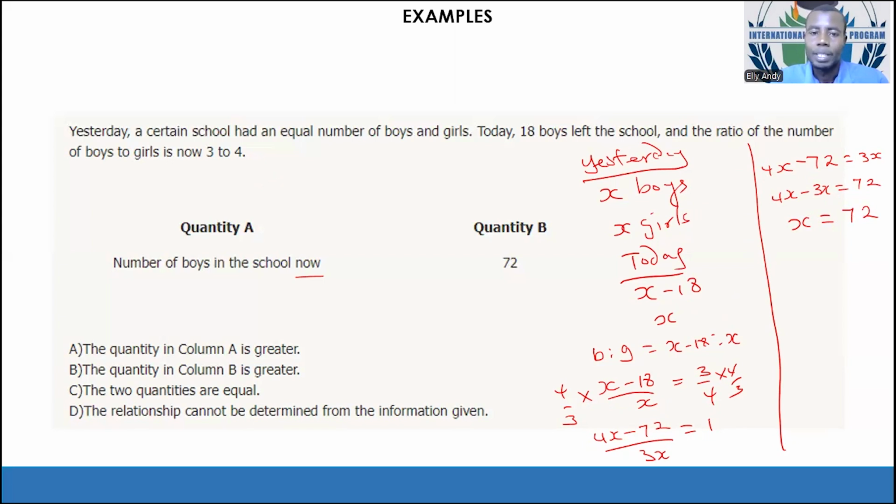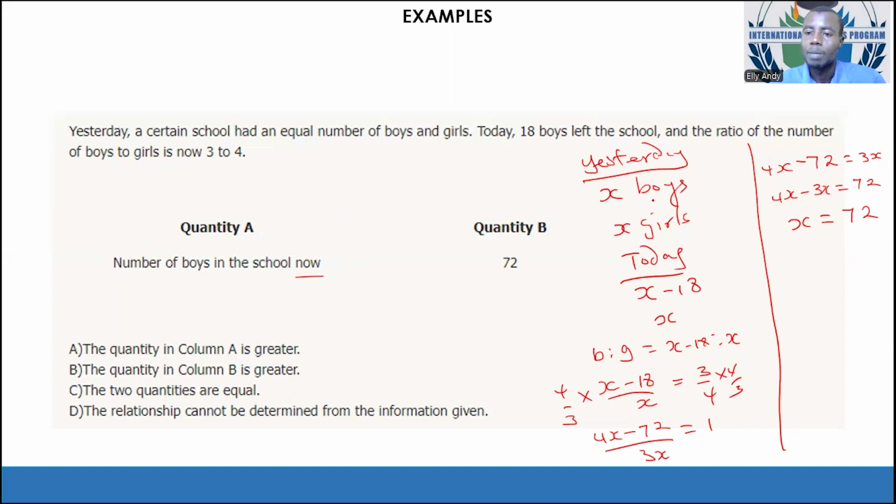Now, from here, what do you think our next step should be? Now, it might be tempting maybe to go further with the calculation because you know that X was the original number of boys, and now maybe to find the current number of boys, but that is a waste of time because we have quantity A as the number of boys in the school now, and we know that the number has reduced.